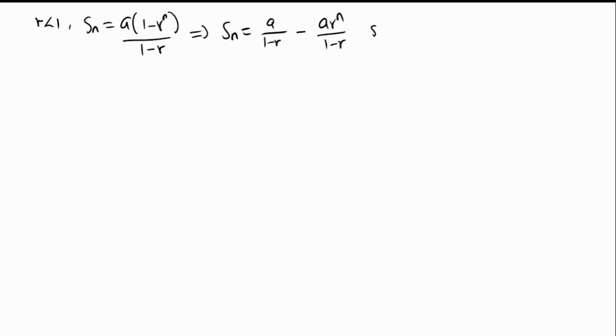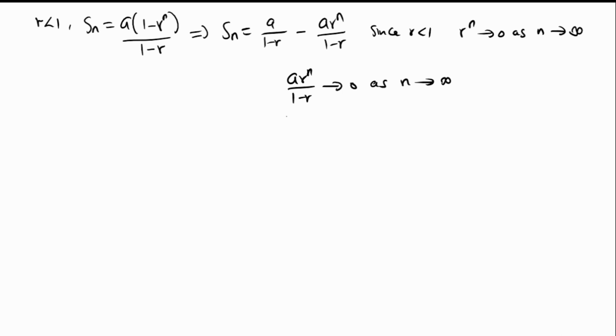But since r is less than 1, r power n becomes much less as the value of n approaches infinity. Hence, the value ar power n over 1 minus r approaches 0 as the value of n approaches infinity.